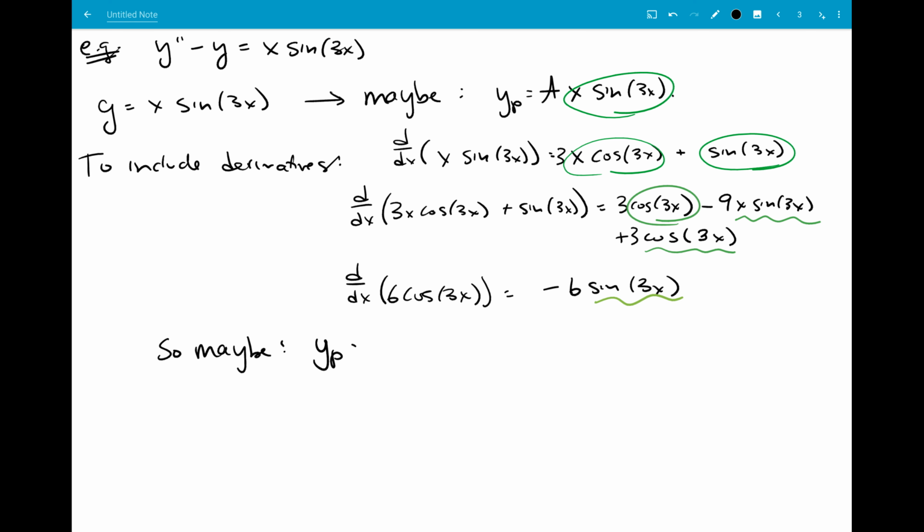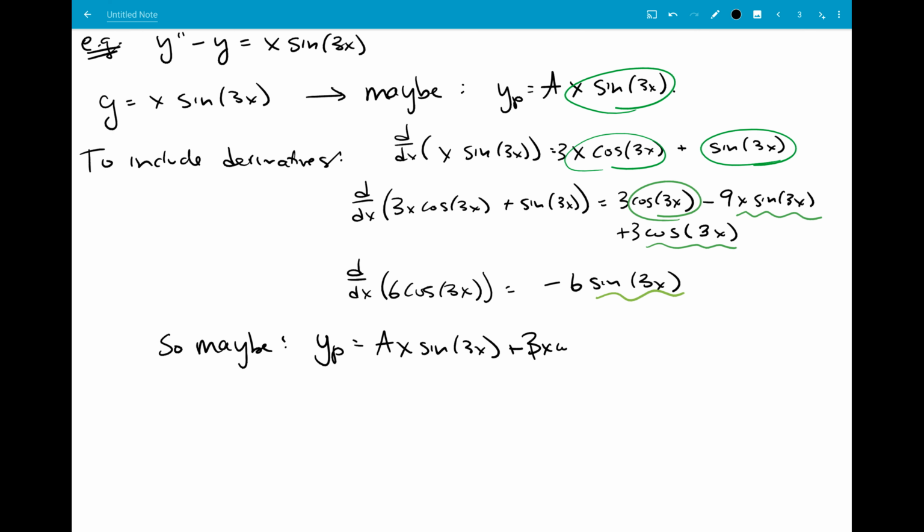So I think maybe y sub p would be made up of all these new things I found. A times x sine of 3x plus b times x cosine of 3x plus c times cosine of 3x plus d times sine of 3x.